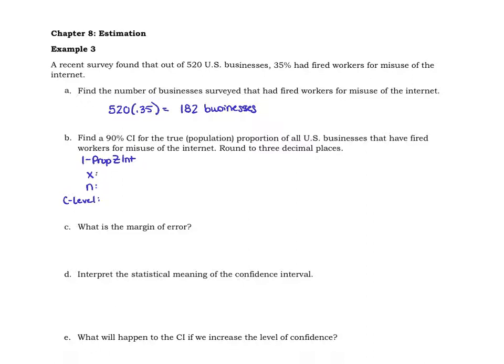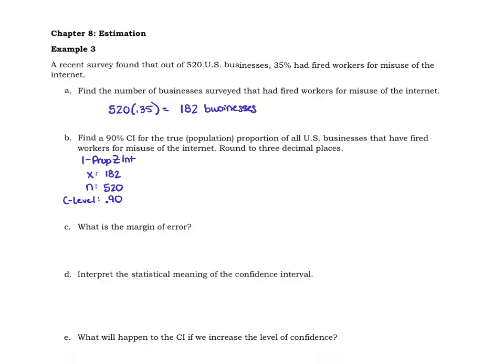How many out of the 520 businesses? So that's where that 182 comes in and why we needed to know. N is our sample size, 520, and our confidence level in this case is 90%. So get that data entered into your calculator, and remember, enter your 90% as a decimal, okay?